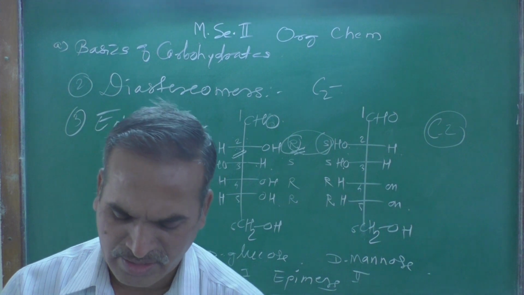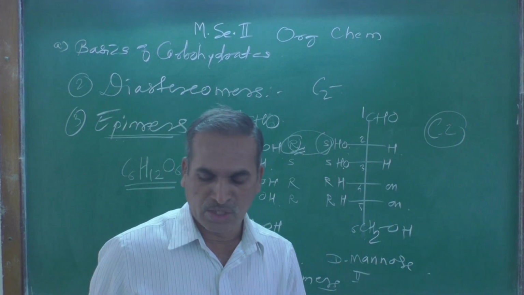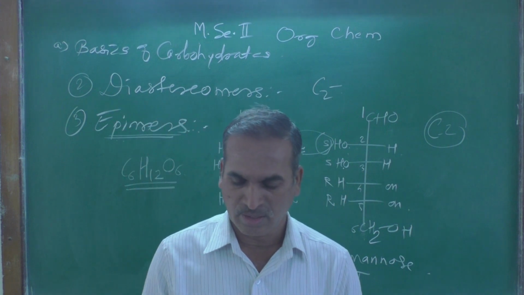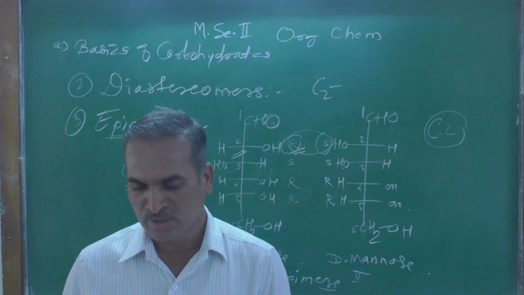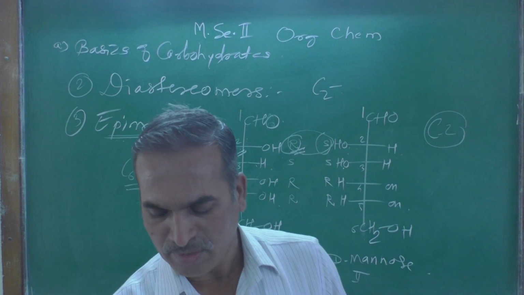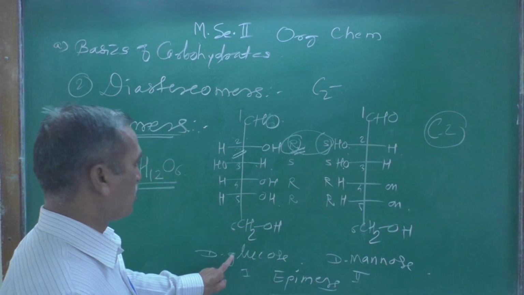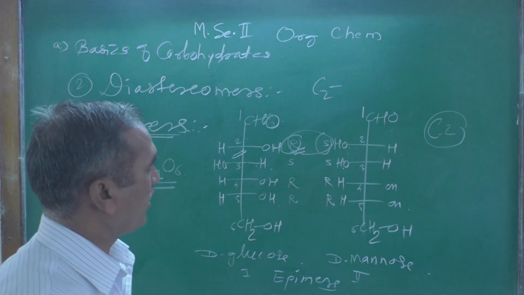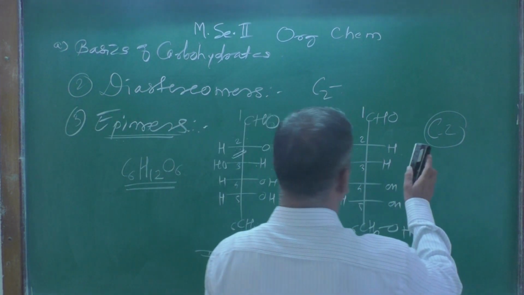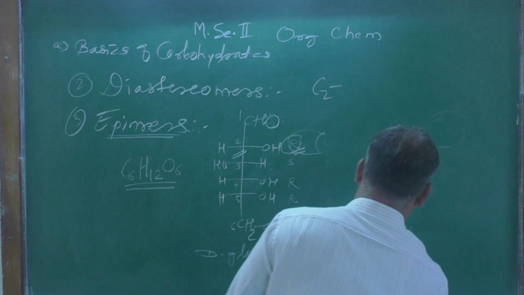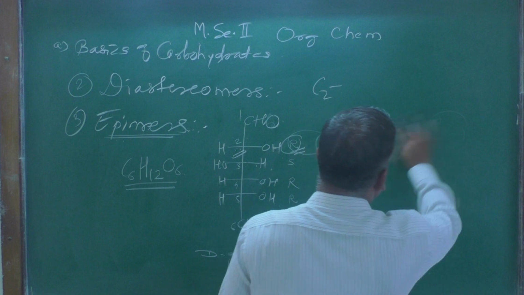A second example of epimers is D-glucose and D-galactose, because they differ in configuration at C4. As we know, D-glucose is here; once again, now D-galactose. The structure of galactose is this one. They are also epimers of each other.